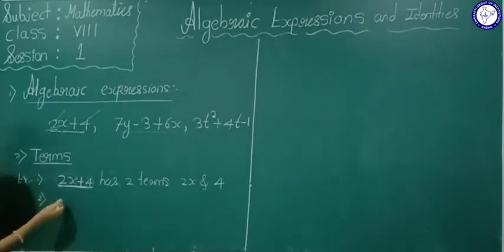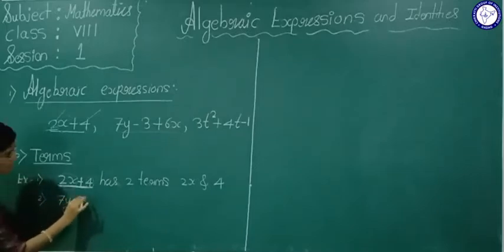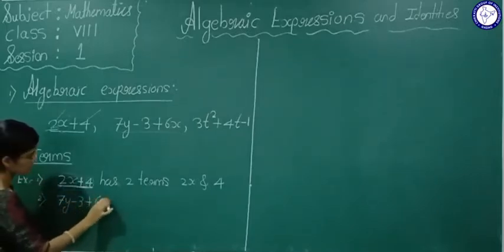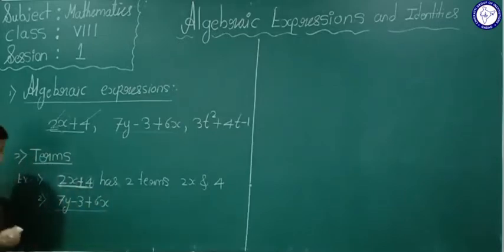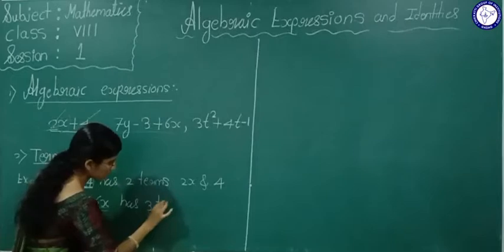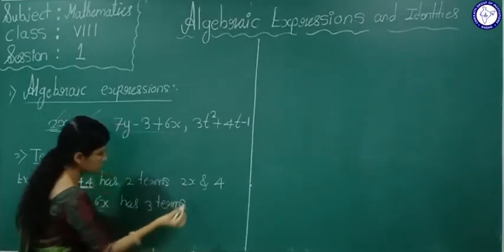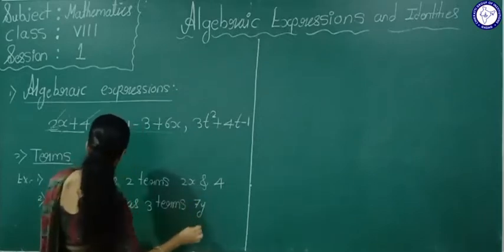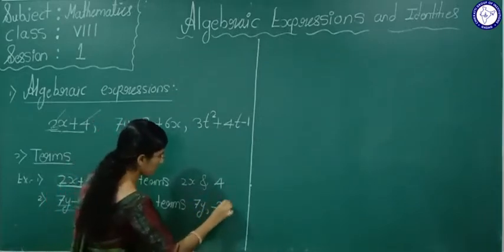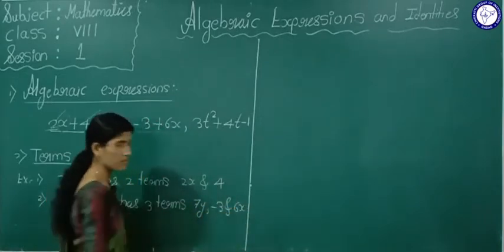One more here, 7y minus 3 plus 6x. This is an algebraic expression. How many terms are there? 1, 2, 3. It has 3 terms. Which are those? 7y, minus 3 and 6x.